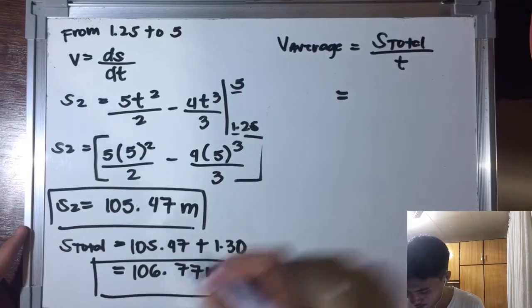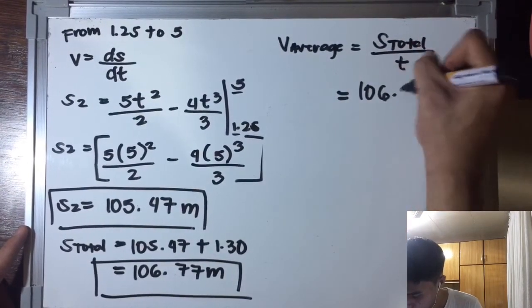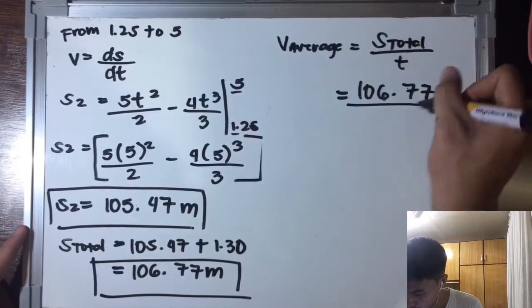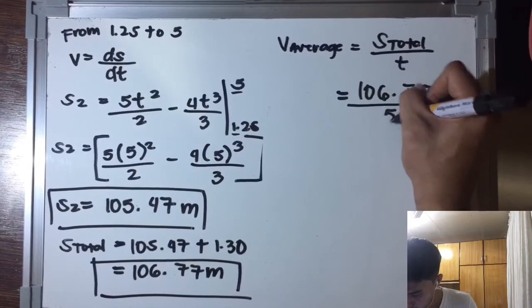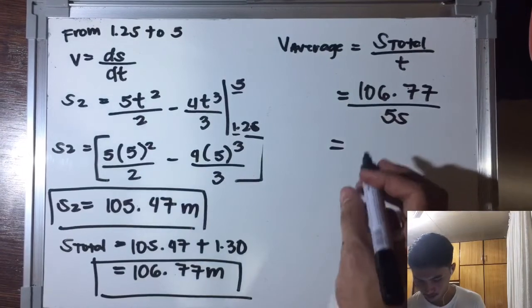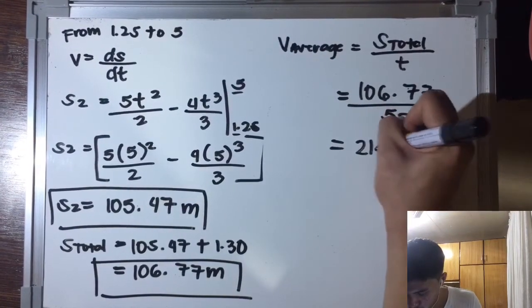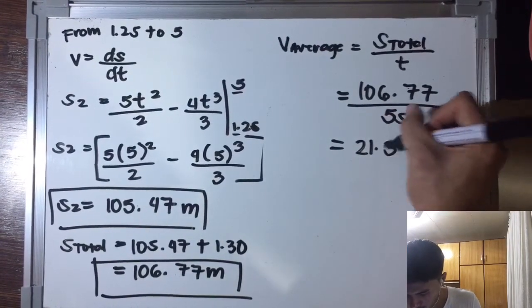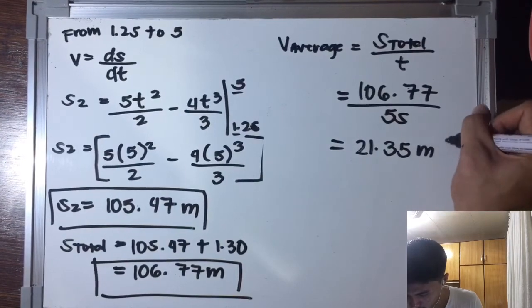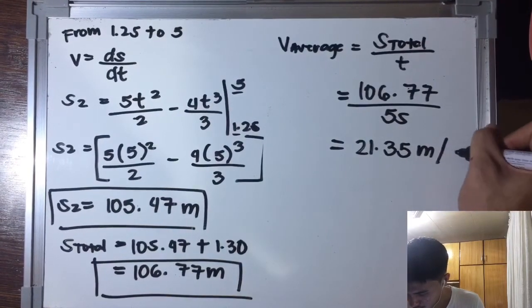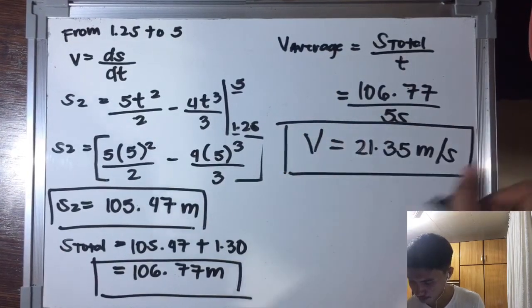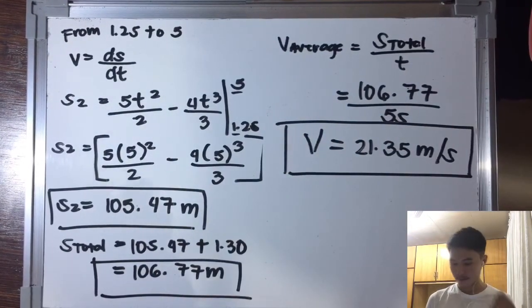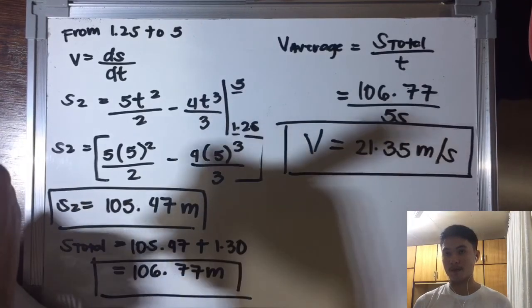So our total distance, 106.77, divided by the given time earlier, which is 5 seconds, this equation will give us 21.35 meters per second. So this is our average velocity. So that is it for problem number 3.